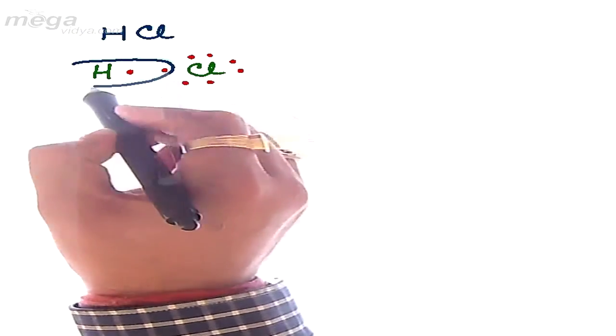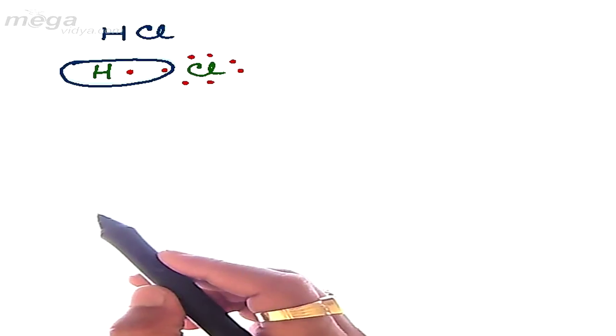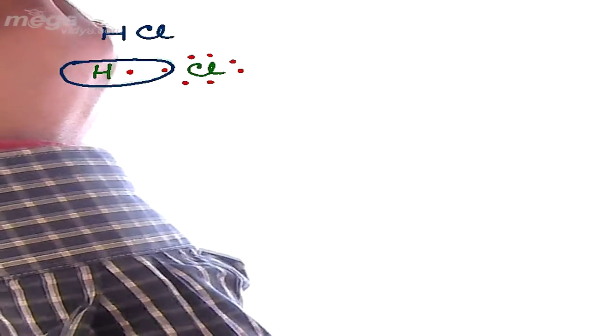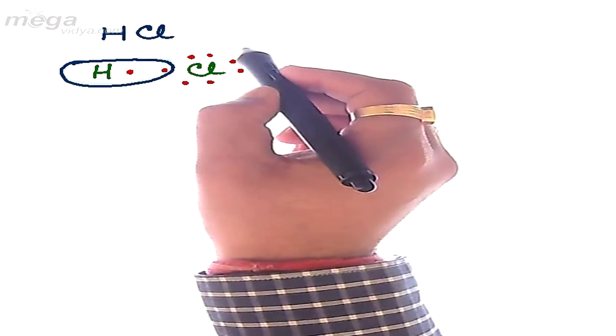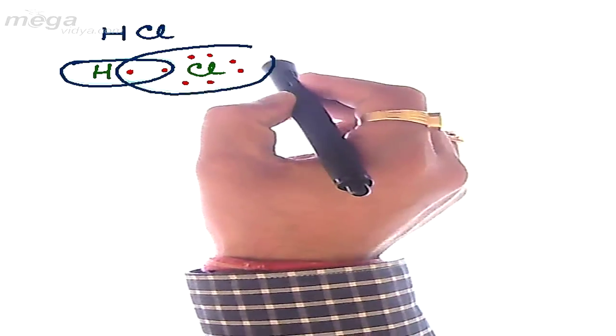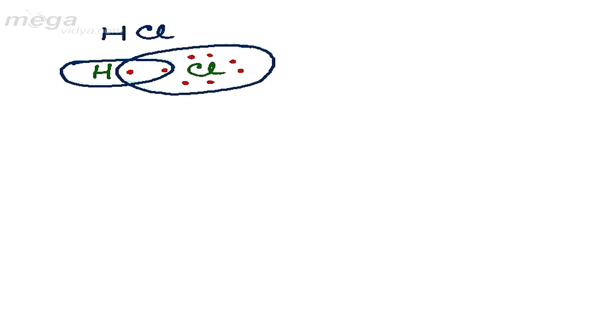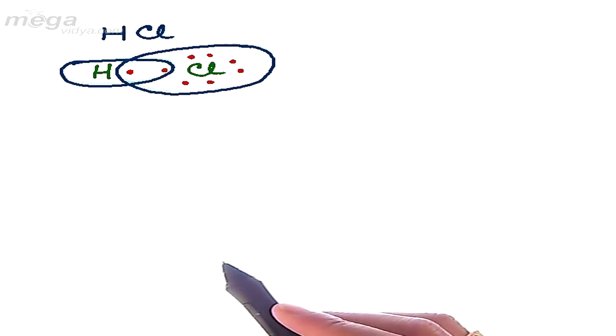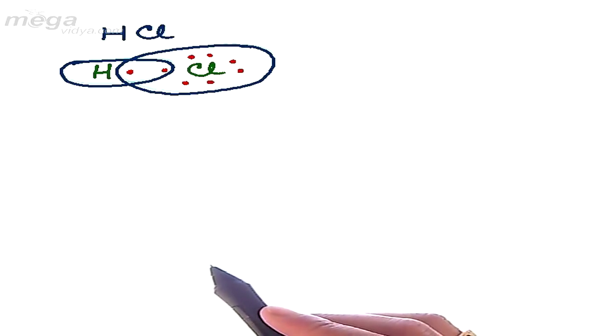So hydrogen will share 1 electron of chlorine, making its configuration similar to helium and hence stabilizing it. Similarly, chlorine will share 1 electron of hydrogen, because it has 7 electrons in the valence shell. To complete the octet, it will try to have 8 electrons, so 1 electron will be shared by the hydrogen atom for the completion of the octet of the chlorine atom.